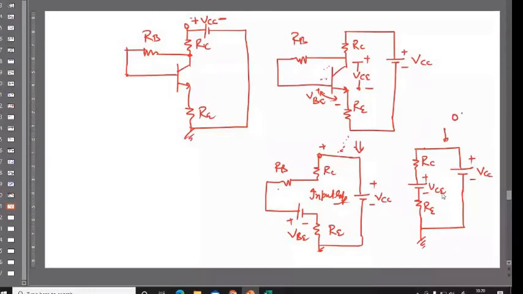You can directly apply KVL. Here this is current IC, you can make this terminal open, here this is current IB, and this current is IE. This is the simplest version I can explain. Now I can apply KVL and KCL and solve this numerical, and beta is given as 90. I don't think there is any problem now.